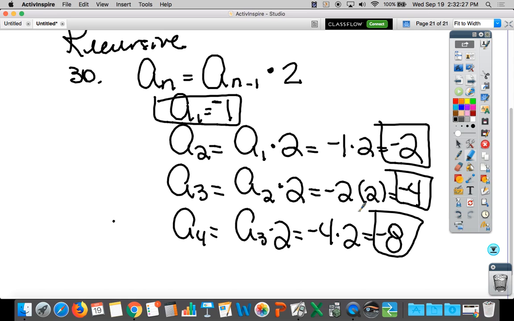So let's see if y'all can try 32 and 34. You don't have to write these out this much, as long as you understand recursive. We're just taking the previous number and doing the same thing to it each time. But you have to start where they tell you to start.